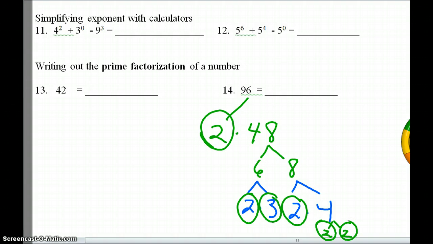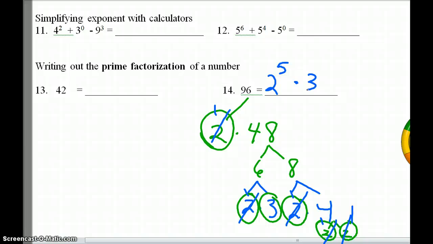So you might see the prime factorization is all of these 2's. And how many 2's do you have? You have 1, 2, 3, 4, 5 2's. So we write that as 2 to the 5th. We've taken care of all of the 2's, and we're left with a 3. And that is how you do prime factorization.